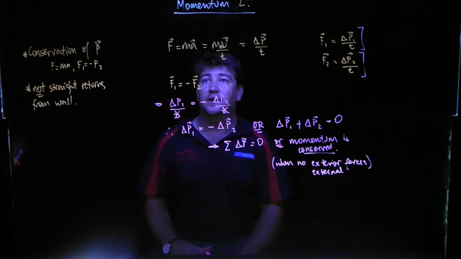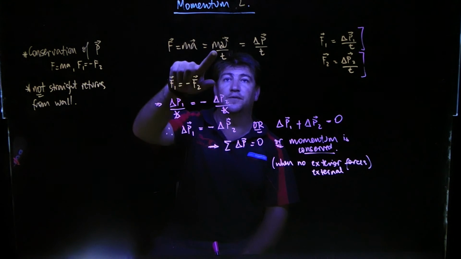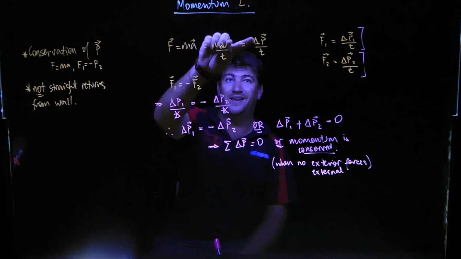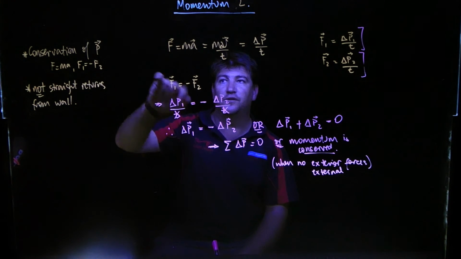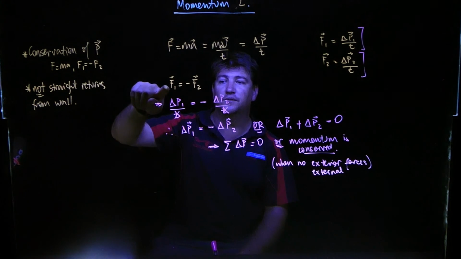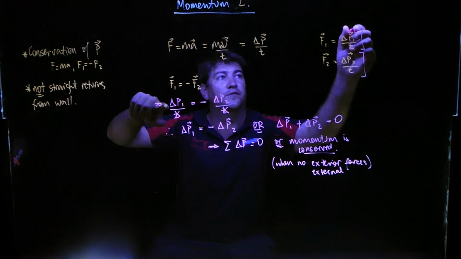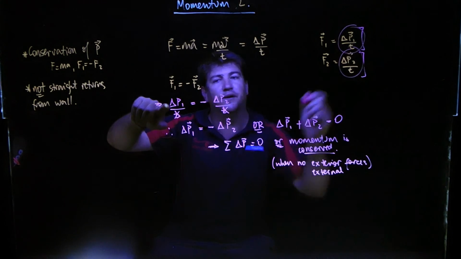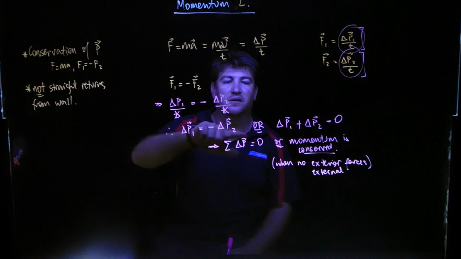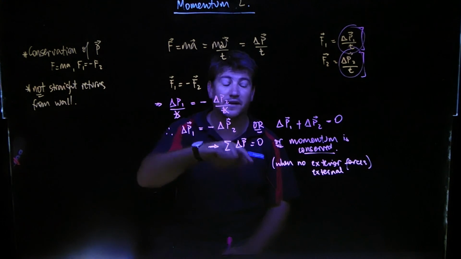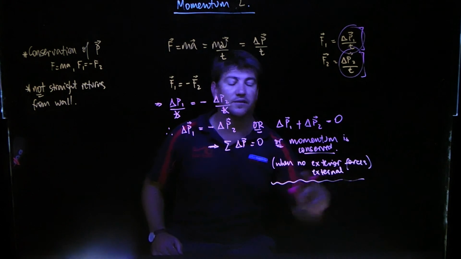F equals ma, m delta v over t. The m delta v is change in momentum, so we can relate Newton's second law and his third law, smush them together with some substitutions from back over here, and we find that they all balance each other, they all cancel out, so momentum is in fact conserved.